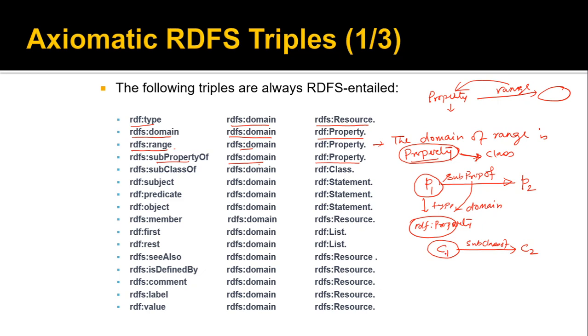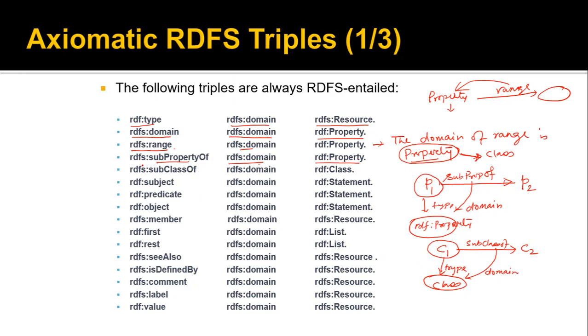So you have a class which is a subclass of another class, right? Now what is this? This is an instance of class, all the classes. So that's why you have written that subClassOf has got domain to be class.